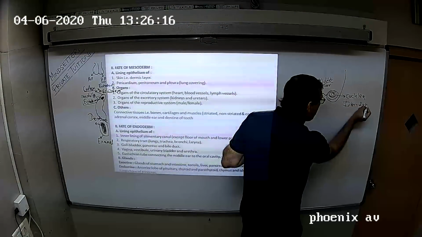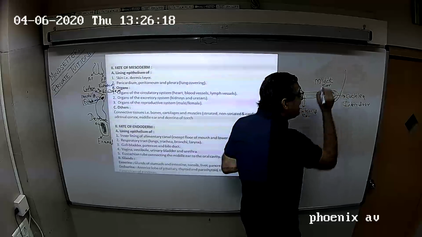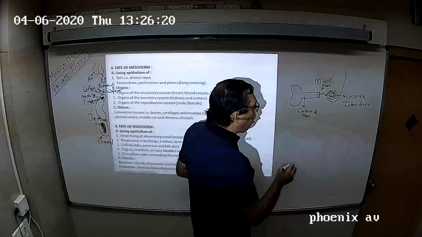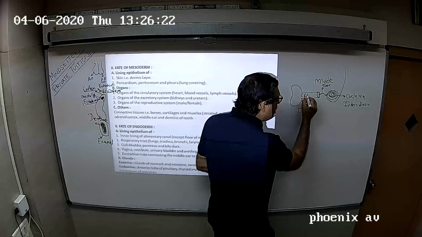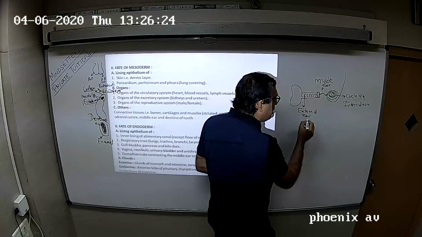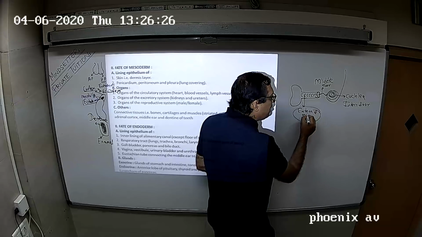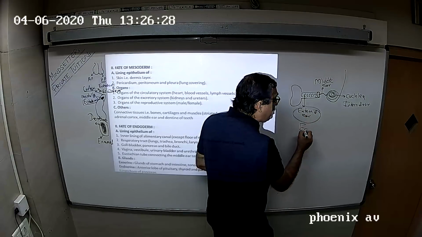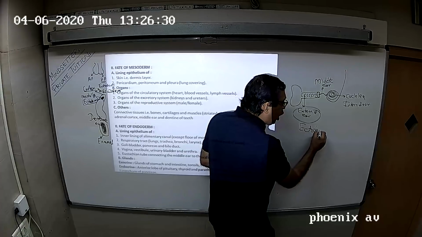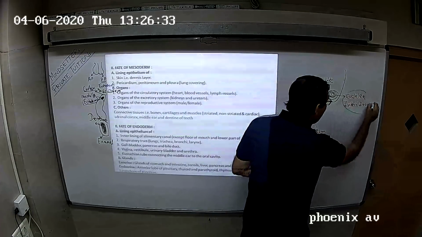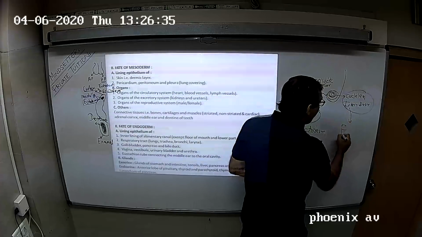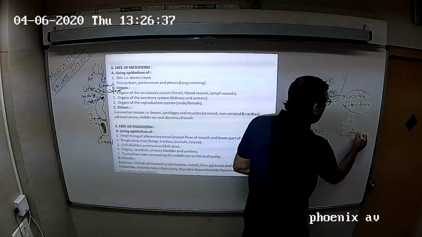The cochlea or internal ear has the auditory nerve coming out of it. The external ear, where sound waves hit the eardrum, develops from the ectoderm. The cochlea or the internal ear also develops from the ectoderm.